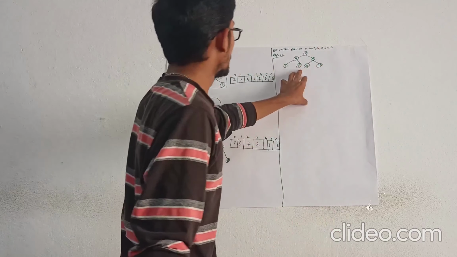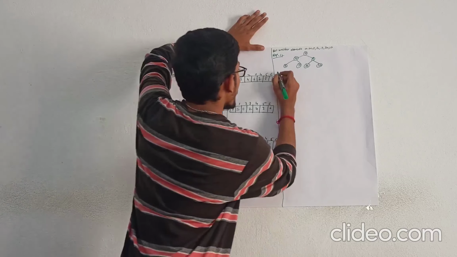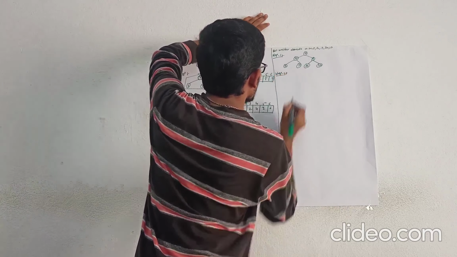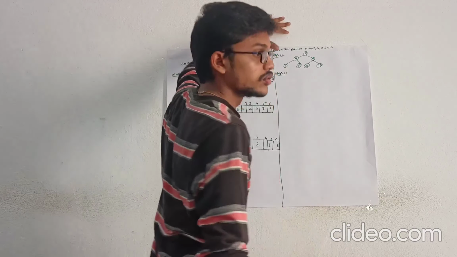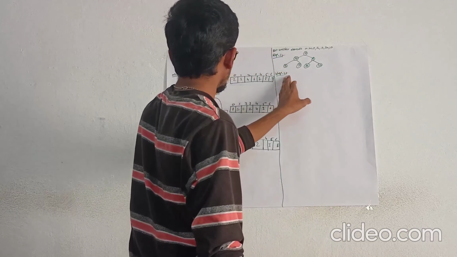Now this is the tree of the following elements. Now step 2. Step 2, now check whether the following tree is following the min-heap property or not.